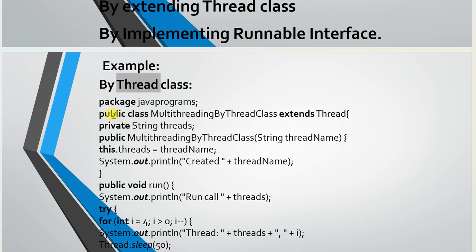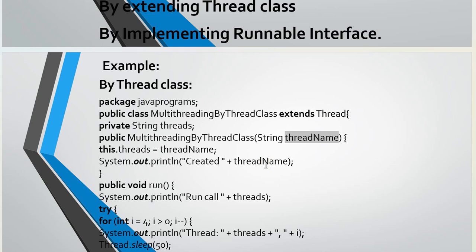Here, as we say, this is our class and it extends the Thread class. We have taken one string for the thread name, and inside that class this is the public constructor, where we are passing one string with the thread name to print it.